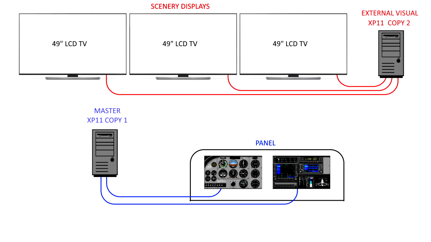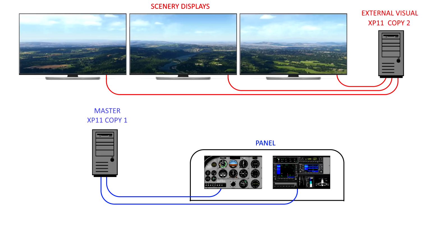The external visual computer is connected to the 3 LCD screens and runs a second copy of X-Plane 11 to provide scenery only. Allowing a single computer to devote all of its processing power into generating these 3 views greatly increases the frame rate available.